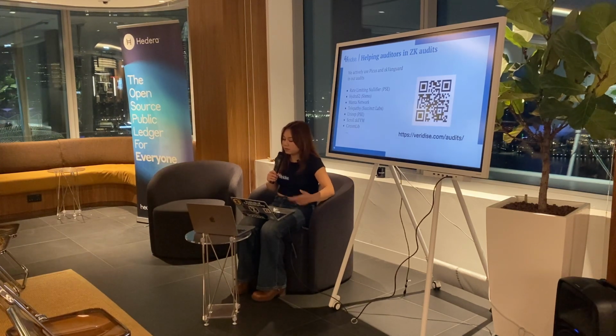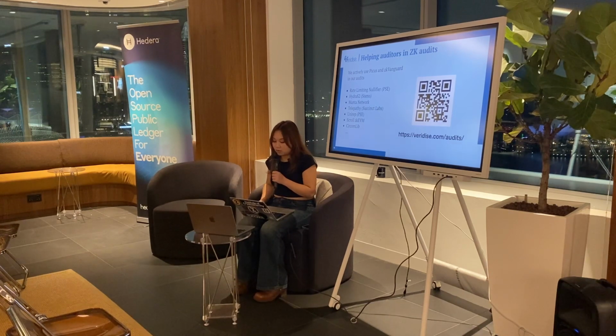These are the zk audits we did before: Rate Limiting Nullifier, which is spam prevention, a product from the Ethereum Foundation PSE team; Hydra S2 from Sismo; Telepathy from Succinct Labs; and also Unirep, also from the Ethereum Foundation PSE team; Scroll zkEVM; and the Circom library. These audit reports are all public on our website. You can just scan the QR code or visit our website later.